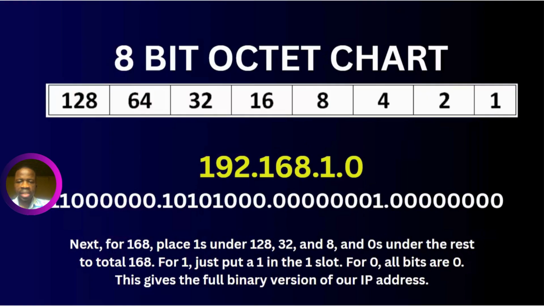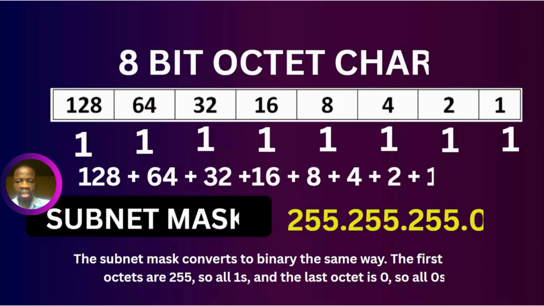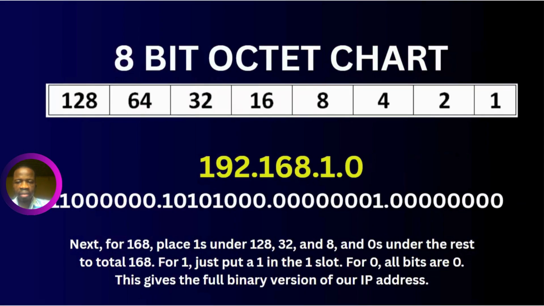So next, for 168, you need to place ones under 128, 32, and 8, and zeros under the rest. So the total will give you 168. For 1, just put 1 in the first slot. Then for 0, all bits are 0. This gives the full binary version of our IP address.